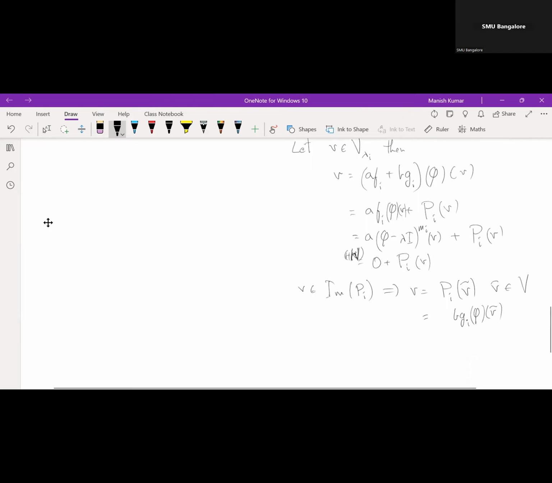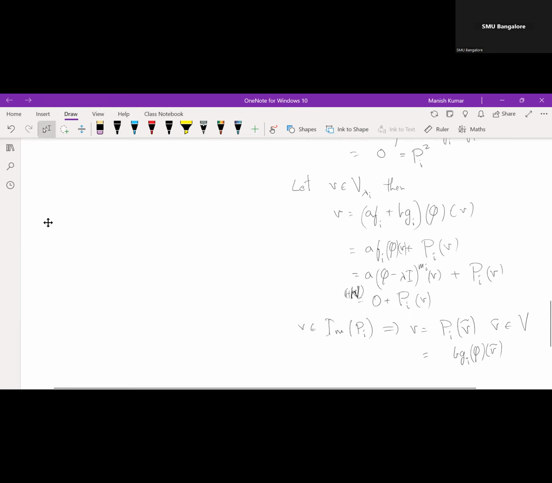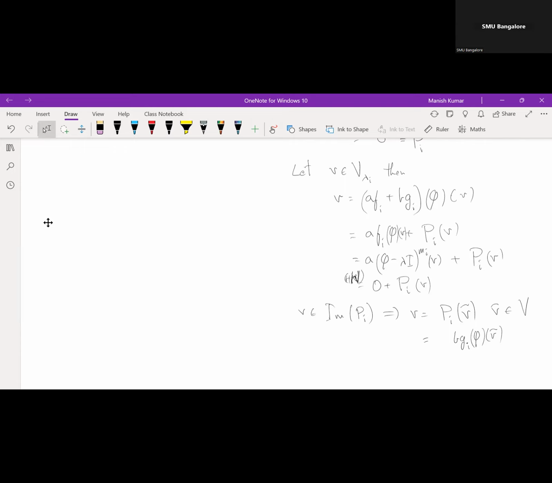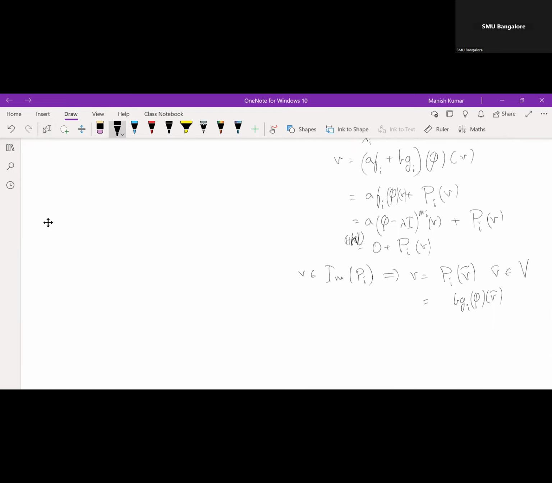Then I want to say that it belongs to V lambda I. So I just have to show that it's killed by some power of phi minus lambda I. So now you multiply by phi minus lambda I to the mi.